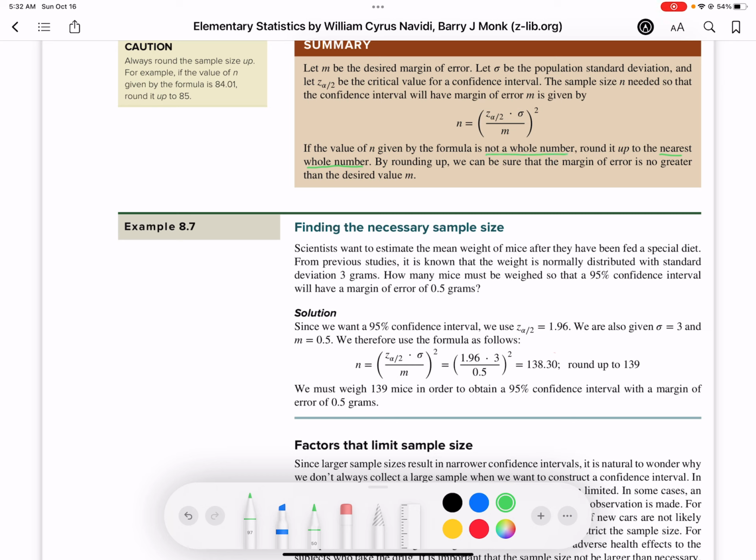So what we calculate is not a whole number, and then after that, we have to round it up to the nearest whole number. Because by rounding up, we can be sure that the margin of error is no longer than the desired value m. It's no greater than the desired value m.